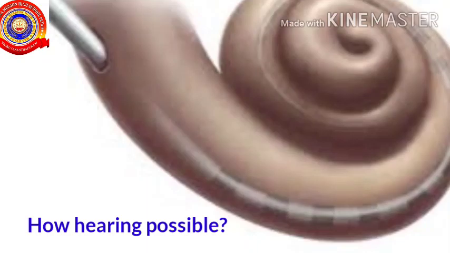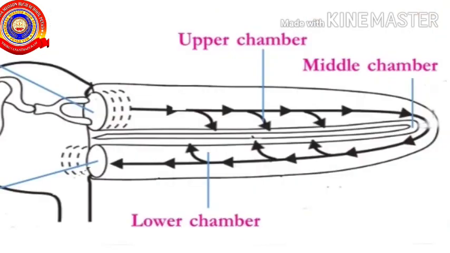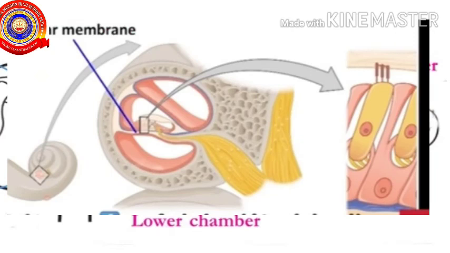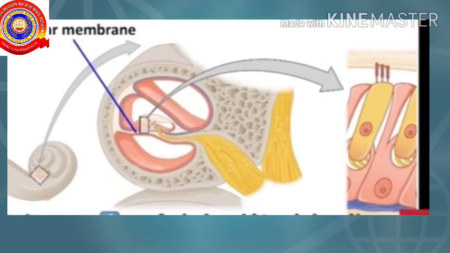The cochlea is a coiled tube-like snail shell. In this diagram, you can see upper chamber, lower chamber and middle chamber. Specialized sensory hair cells are present in the basilar membrane that separates the middle and lower chamber, where there is the auditory receptor.